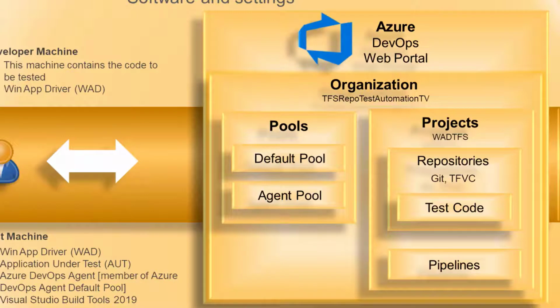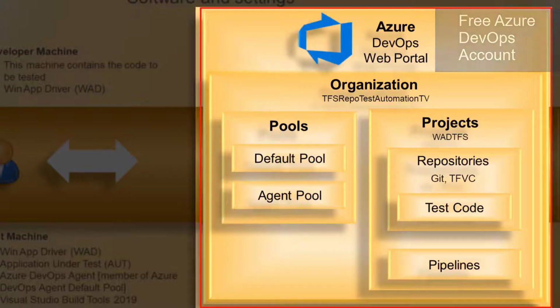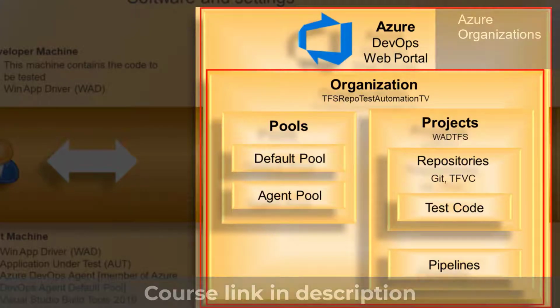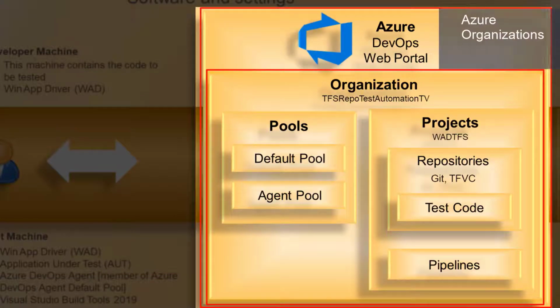Afterwards, you will need the following on the Azure DevOps Cloud side. First of all, a free Azure DevOps account. If you have a paid account, that's also cool, that's not a problem. We will need to create a few organizations on the Azure DevOps, which are again free.